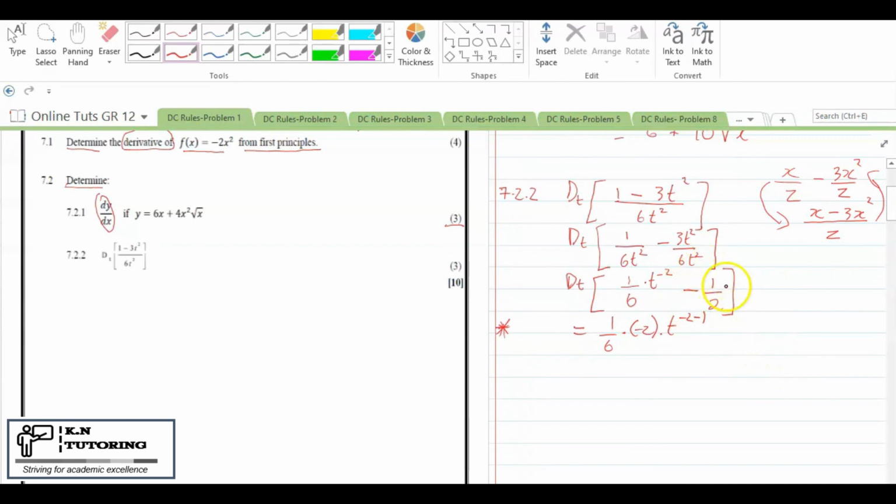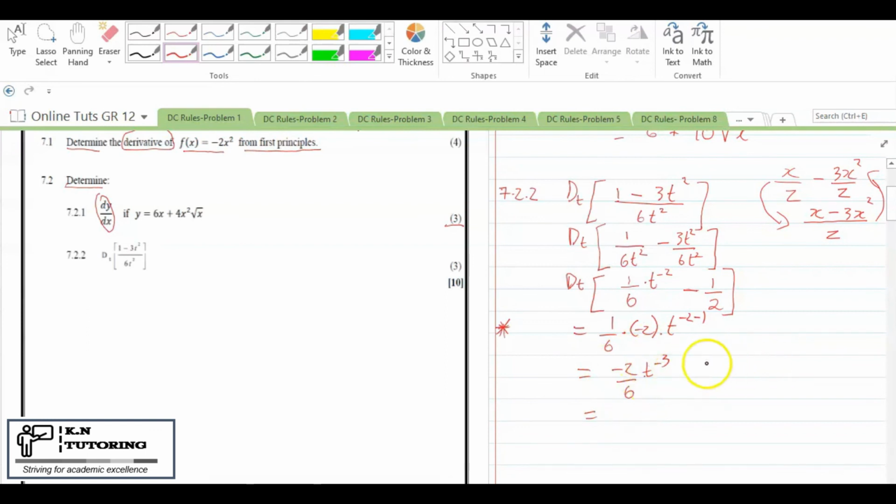And we know that the derivative of a constant, because 1 over 2 is a constant, it doesn't have a variable, is 0. So it's minus 0, and I'm not going to write it. So this will be negative 2 divided by 6 multiplied by t to the exponent minus 3. And it is also advisable to leave your simplified expression or equation with a positive exponent.